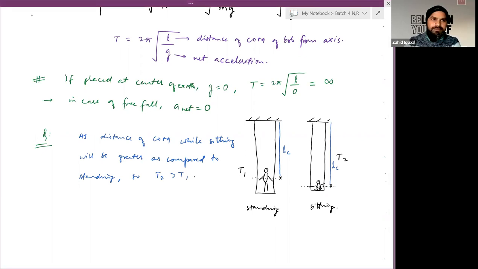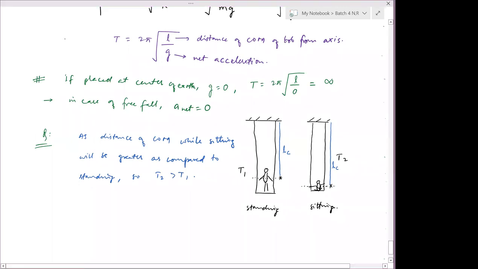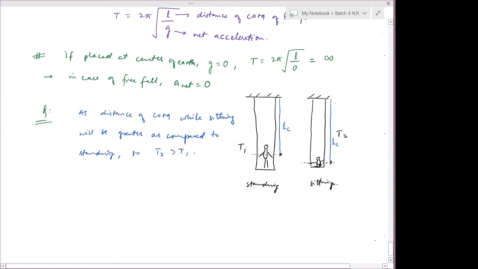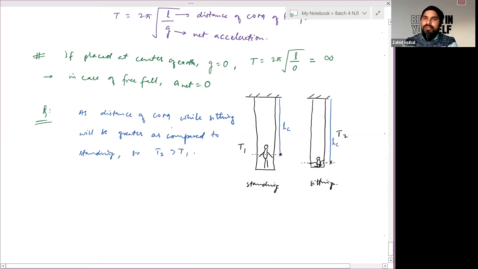Raza, is it clear? Yes, sir. So what did you write that as distance of? COM, short form of center of mass. Okay, okay, sir.